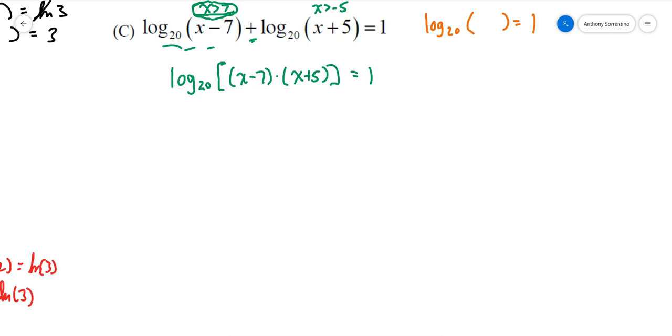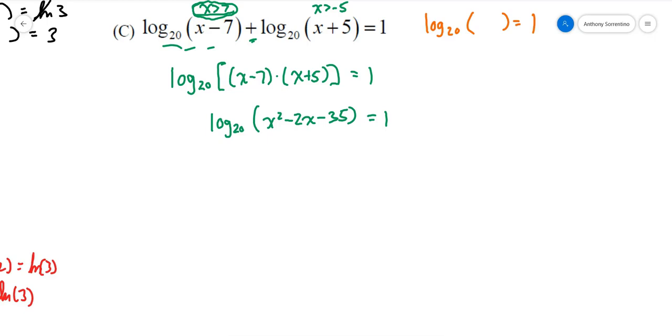So with this now, I can rewrite this as, foiling this out, x squared minus 2x minus 35 equaling 1. Again, I have a single logarithmic statement here.